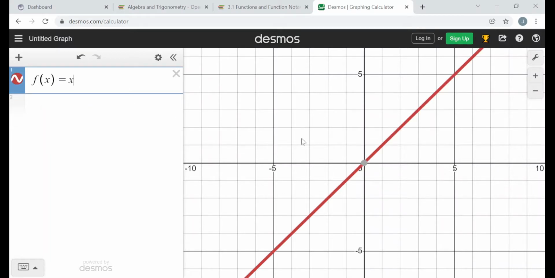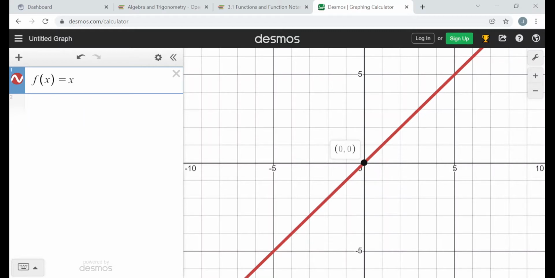That's it. Can't change that at all. And moving some points around, there's 0, 0, 1, 1. No matter where I'm at, the x coordinate and y coordinate, input and output, are the same. 2.2, 2.2, negative 2.86, negative 2.86, whatever. Again, pretty simple in my opinion to graph that one.